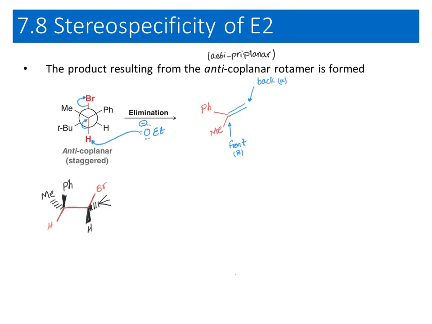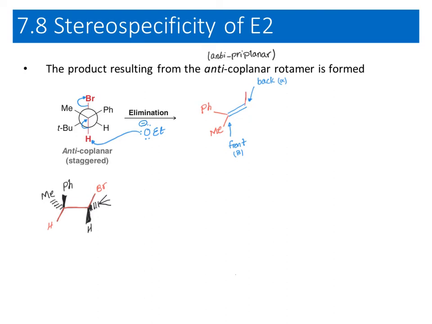Now since only this conformation is reacting, we are going to end up with one product, and these groups are going to be in a specific location. To the front carbon we have phenyl and methyl attached. Now to the back carbon I have hydrogen and tertiary butyl attached, and the hydrogen is in a place that is close to the phenyl, so it should be on the same side as phenyl.